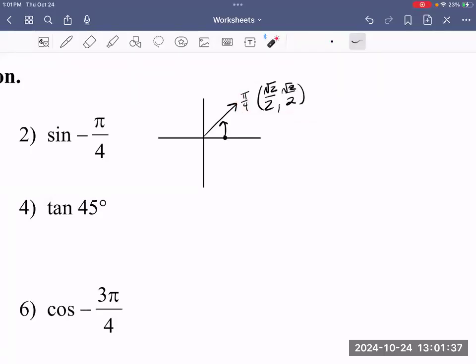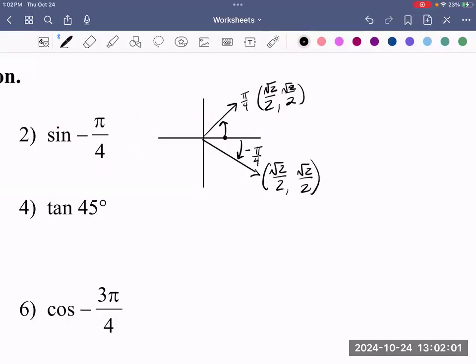So if we're talking about this being in the first quadrant, if we look at having this negative counterpart, that just means that we are down below here in the fourth quadrant. So we dip down below here to now get the negative pi over 4, in which case we have still the same point, but in the fourth quadrant.